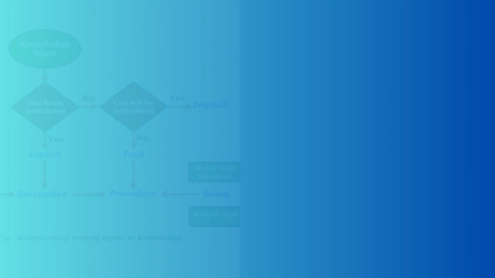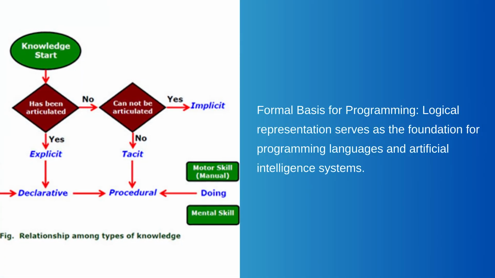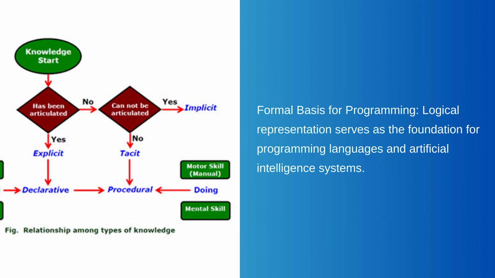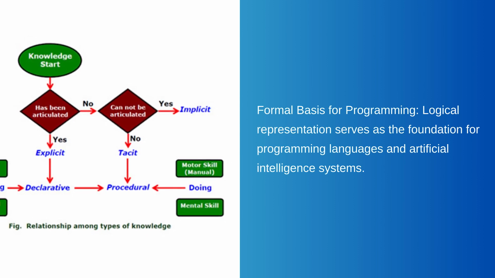Logical representation provides a formal and systematic way to perform logical reasoning. It allows us to deduce new information based on existing knowledge and a set of rules or axioms. Formal basis for programming: logical representation serves as the foundation for programming languages and artificial intelligence systems.